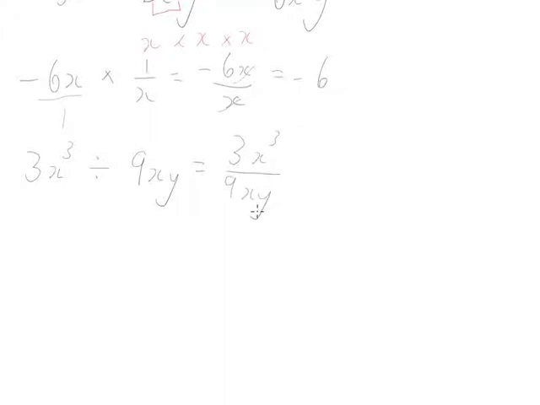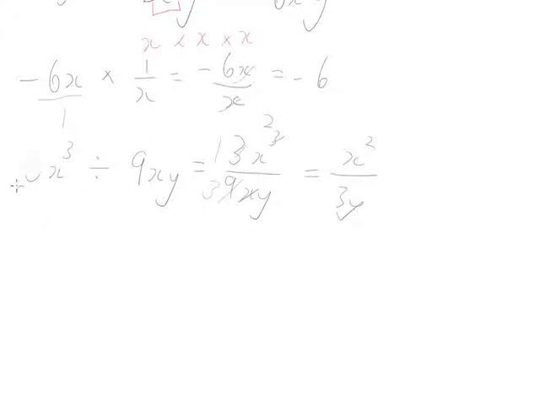Just put it in fraction form, and from there simplify. So the 3 and the 9 will cancel to get me a 3 on the bottom, 1 on top. The x's will cancel, 1x will go, so it becomes x squared. So answer-wise, 3 is cancelled, the x's become just x squared, and on the bottom, my denominator, I have 3y.